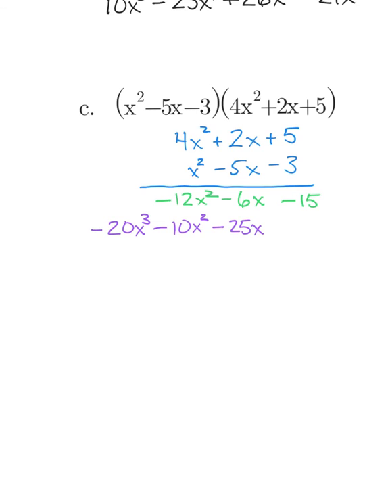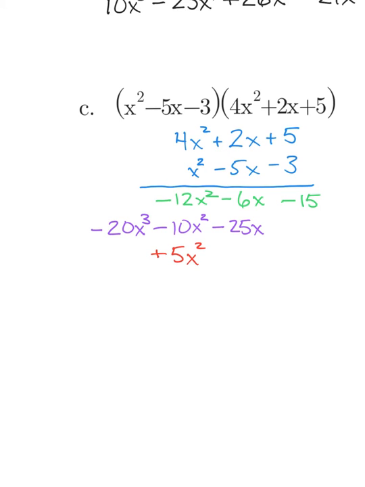So now we want to multiply by x squared. And so x squared times 5 is 5x squared, and I want to put it underneath my x squared, so we get 5x squared, and it is positive. We want to multiply x squared times 2x.